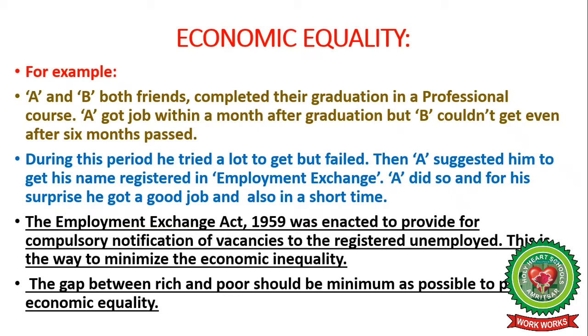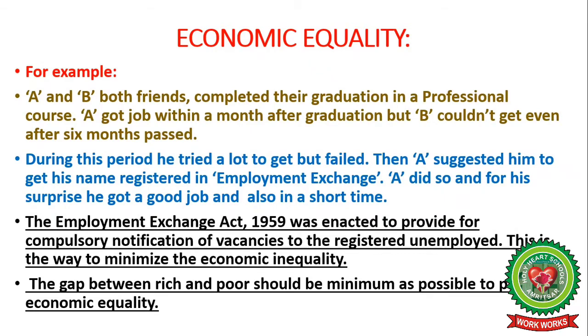So A did so, and to his surprise, he got a good job, and also in a short time. The Employment Exchange Act 1959 was enacted to provide for compulsory notification of vacancies to the registered unemployed.